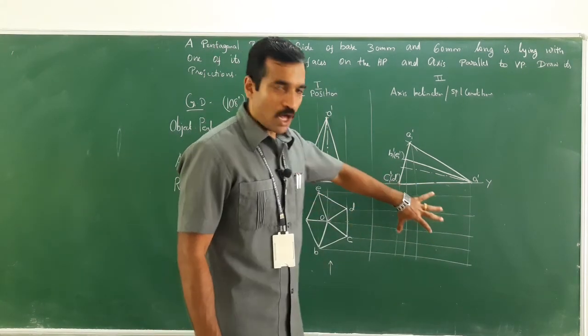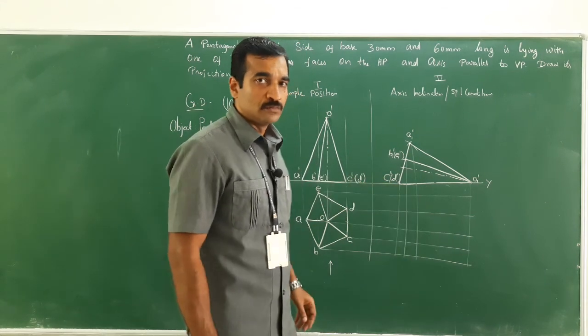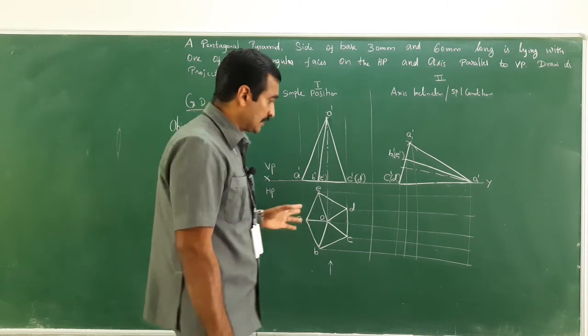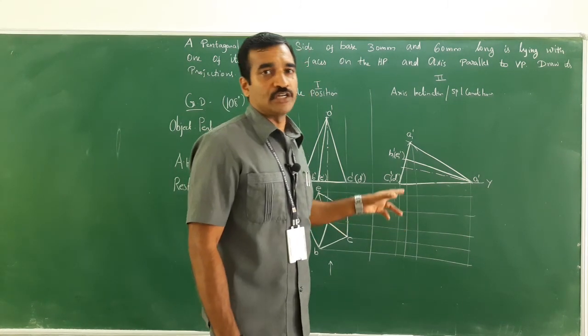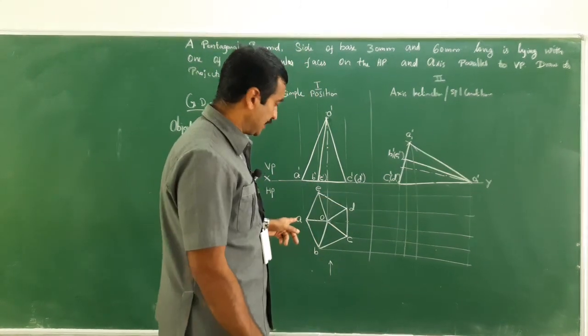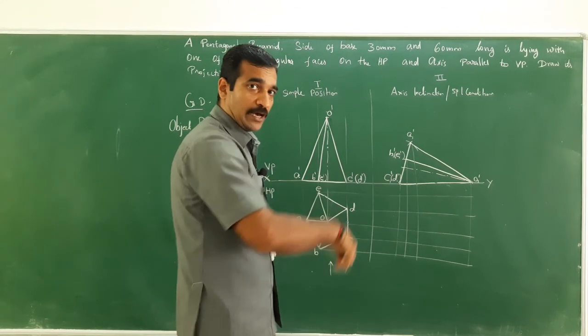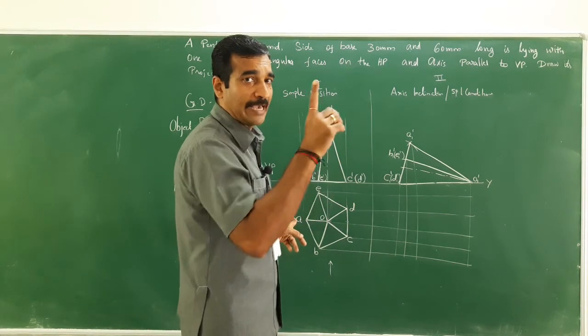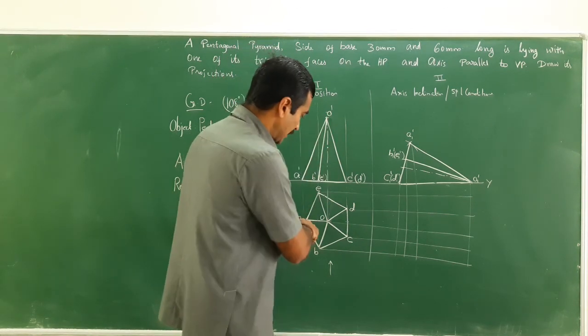In order to draw the final top view, what I have to do is to see the intersection or meeting points. The horizontal projectors and vertical projectors would be meeting at one point, right? That's what I am going to do now.